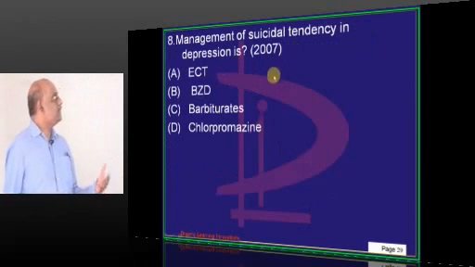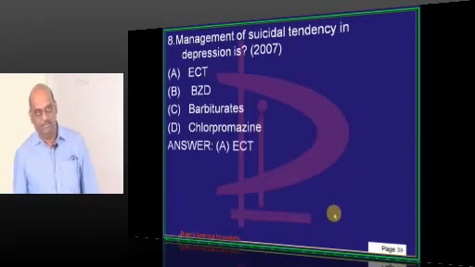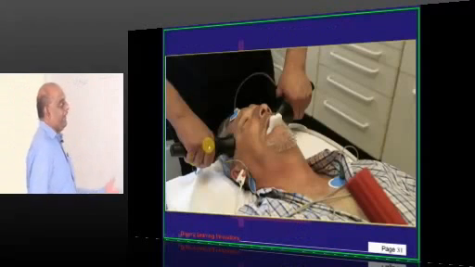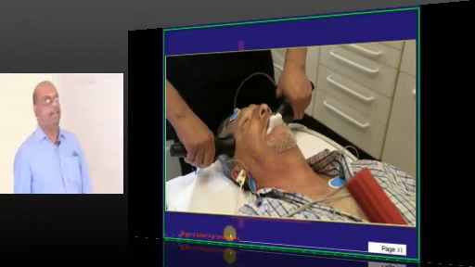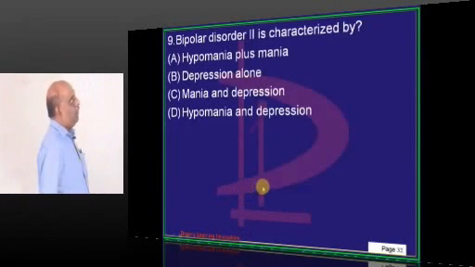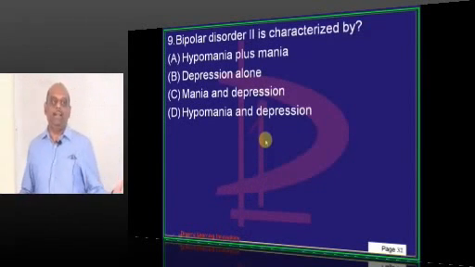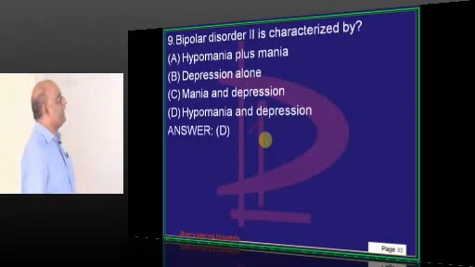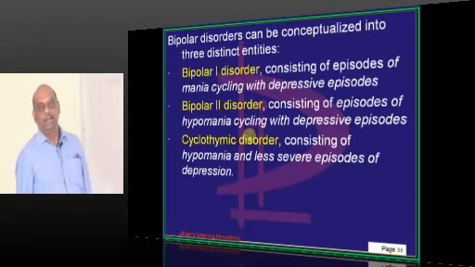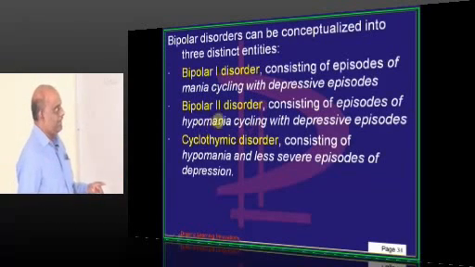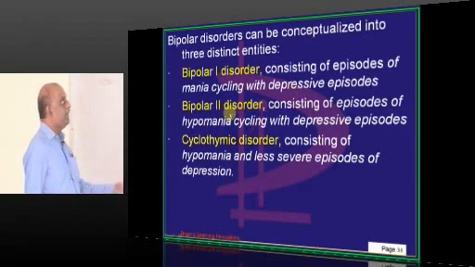Then what is the management of suicidal tendency in depression? Electroconvulsive therapy is indicated whenever there is suicidal depression. What is meant by bipolar disorder 1 and disorder 2 is an important question. Basically, bipolar disorder 1 means mania cycling with depressive episodes.